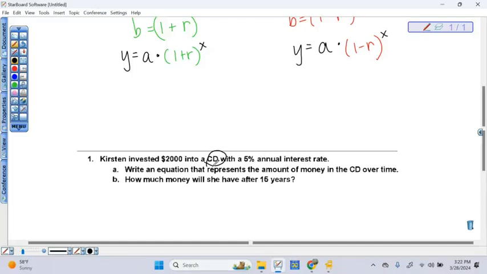No, CD. Someone else thought I said CBD. Oh, it's college. Yeah, we don't need to get into that. How did you know that? Very good, Kaya. Good job. Certificate of deposit. Do you want to explain what it is?